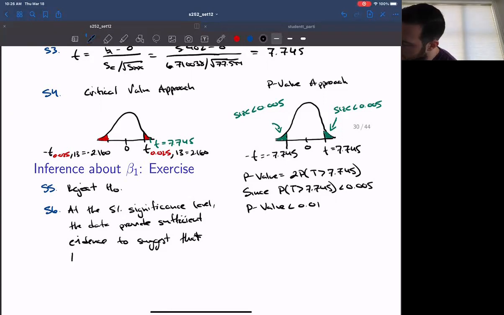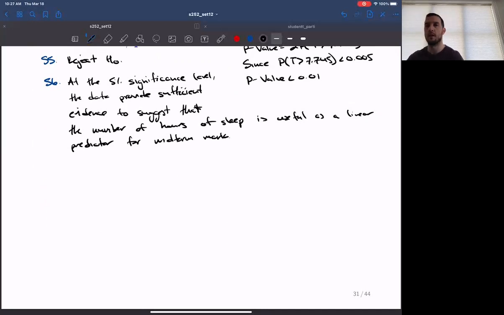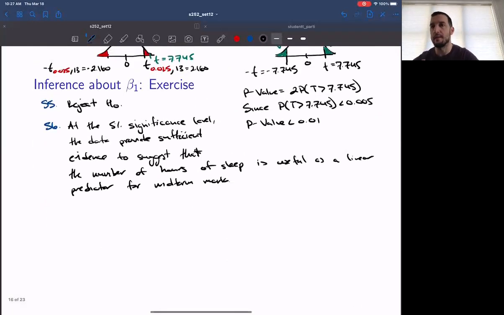So to suggest that the number of hours of sleep is useful as a linear predictor for midterm mark. So what we're saying is that the data has given us evidence that suggests that the number of hours of sleep is useful as a linear predictor for midterm mark.